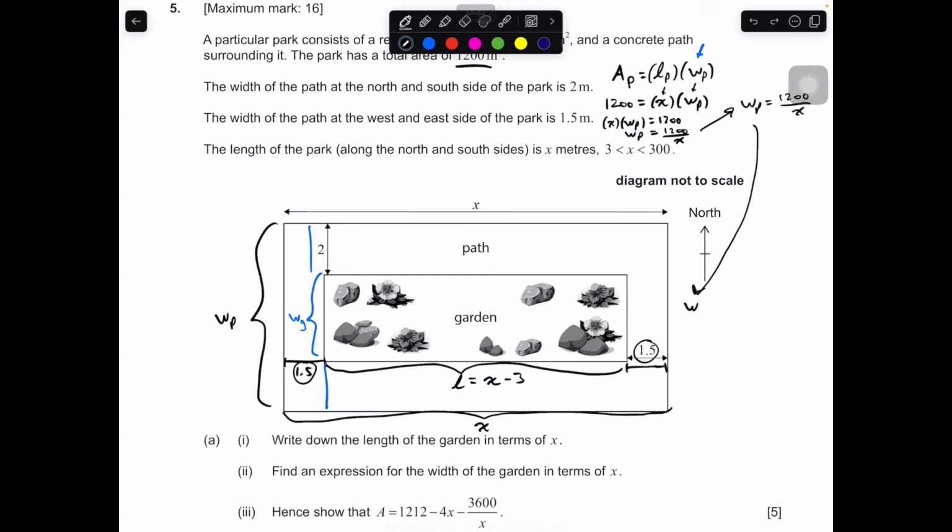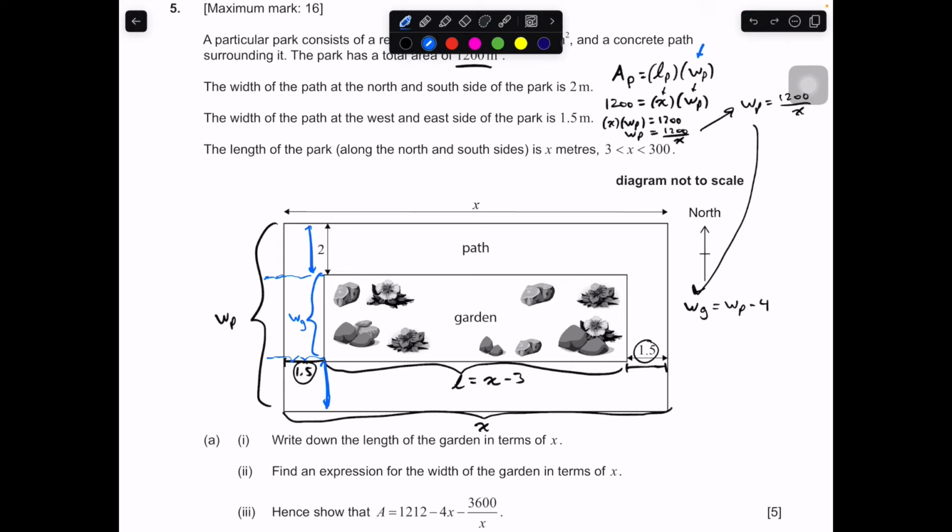The width of the garden is equal to the width of the park, but less than 4 meters. This is 2 meters right here. This is 2 meters right here. If we're just asking what is the difference between the width of the garden and the width of the park, the width of the garden is equal to the width of the park, but minus 4 meters.